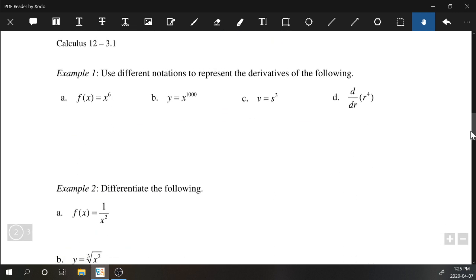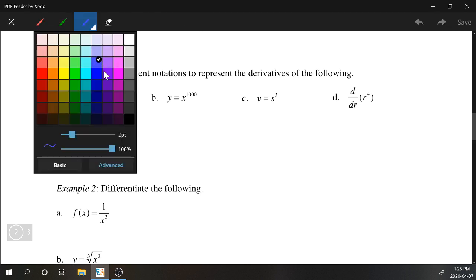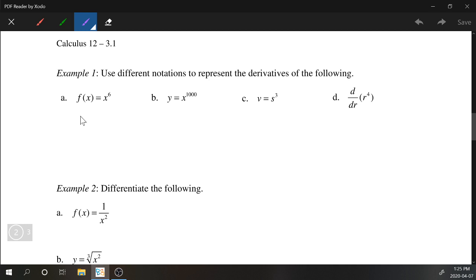All right, so that means we can find derivatives of polynomials really easily now, which is kind of the goal. So if we have f of x equals x to the sixth power, then the derivative would just be 6x to the fifth power. Likewise, here we have y prime equals 1000 x to the 999.